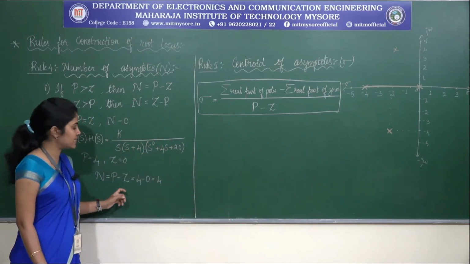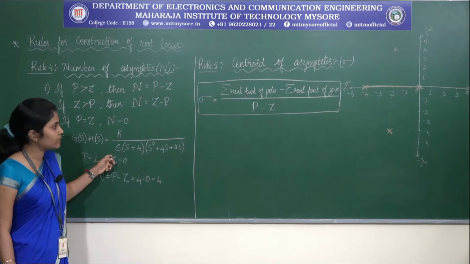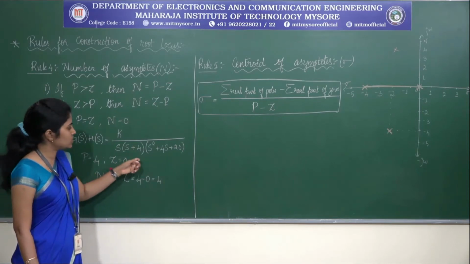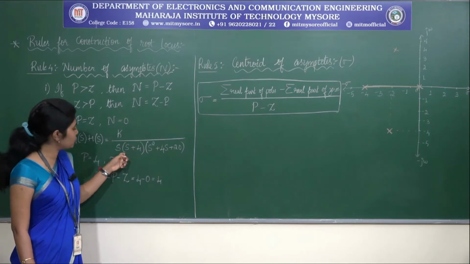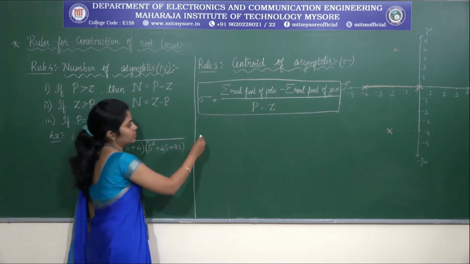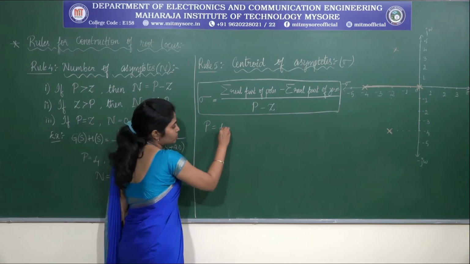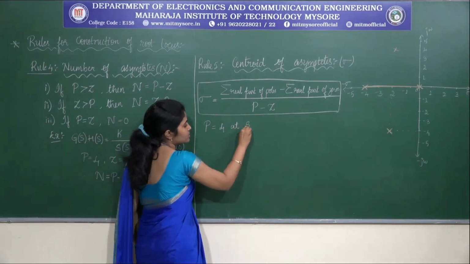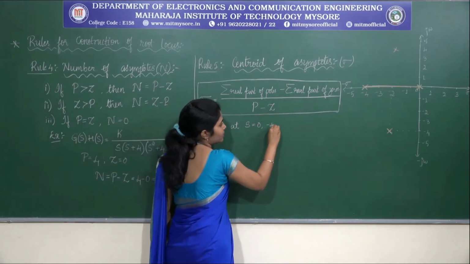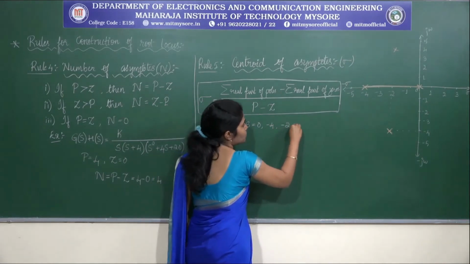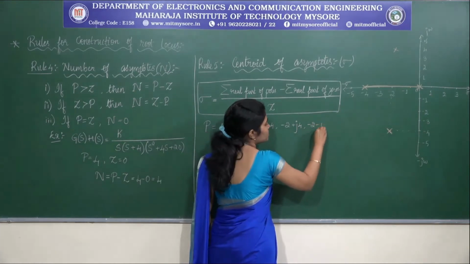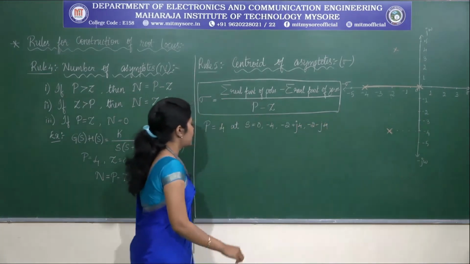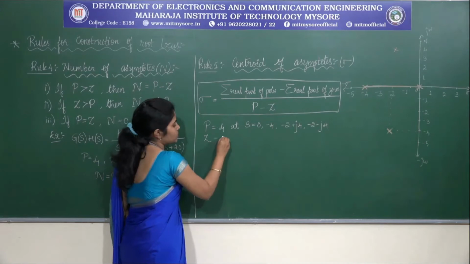Now for this example, let us try to find the centroid. We know the location of poles: P was equal to 4 and they were at s equal to 0, minus 4, minus 2 plus j4 and minus 2 minus j4. And Z was equal to 0.